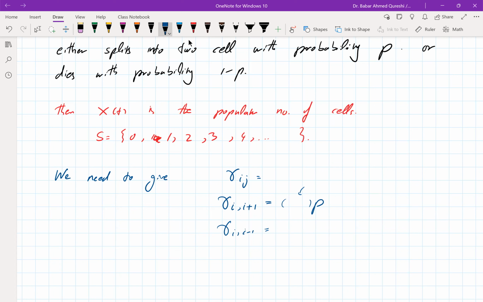You die, and it will have 1 minus P and some parameter here. Actually, these two parameters will be the same because it waits for the same amount of time before splitting into two or dying. Only these discrete jumps are different, but the holding times are going to be the same because they depend on this thing, not on this.